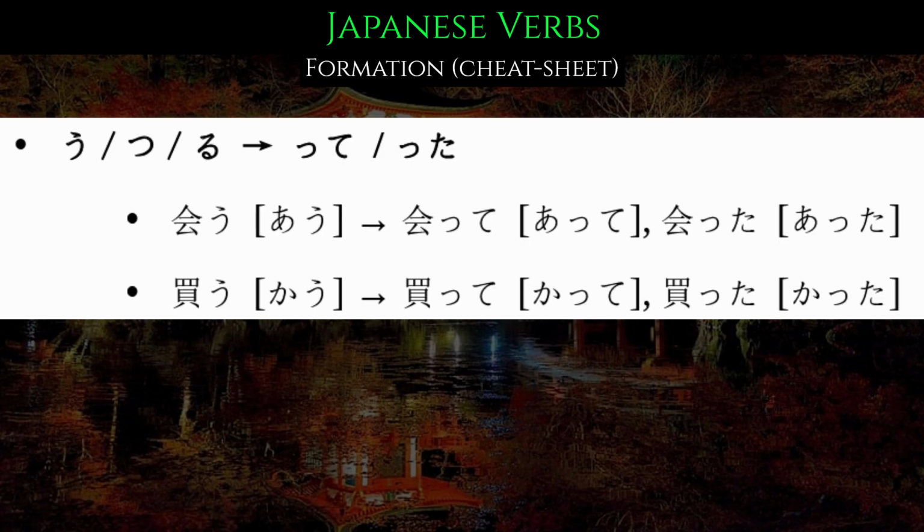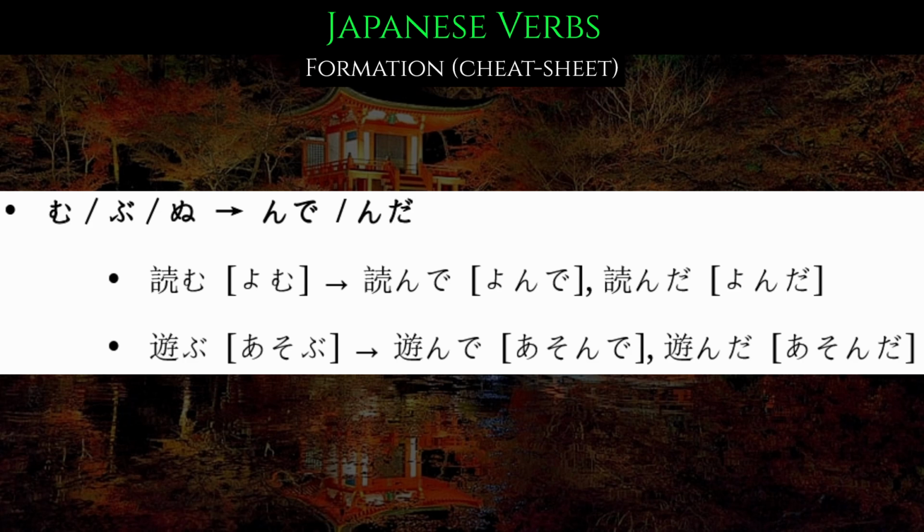For example, au becomes atte or atta. Kau becomes katte or katta. Note the small tsu between the kanji and the te or ta. This indicates that the following consonant is doubled. In this case, because we have the hiragana te or ta, the te becomes double.